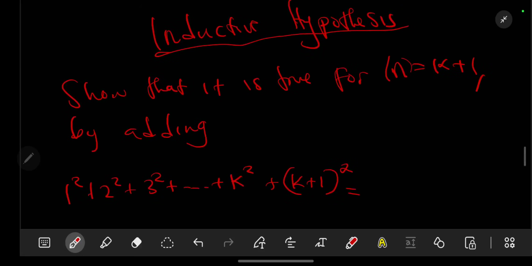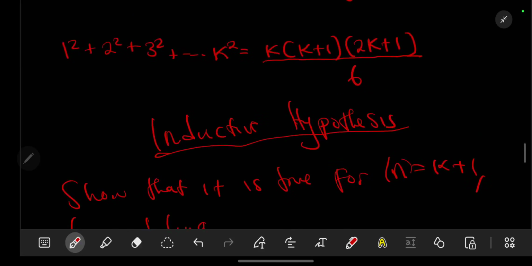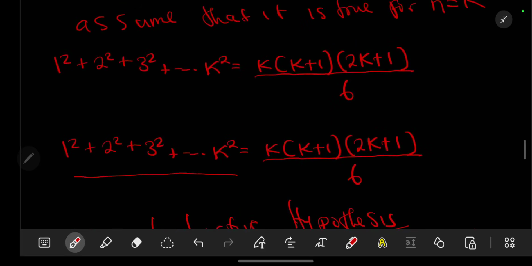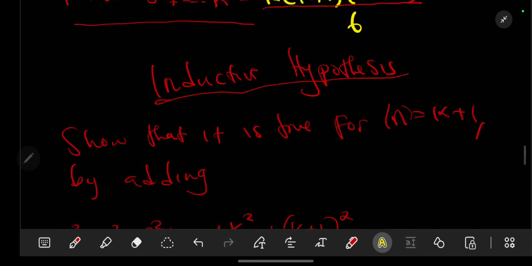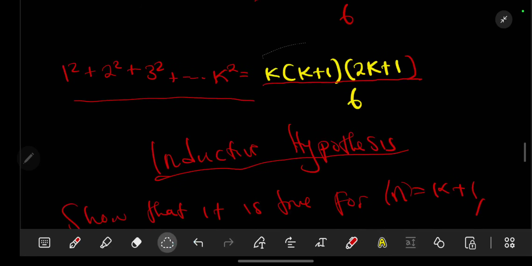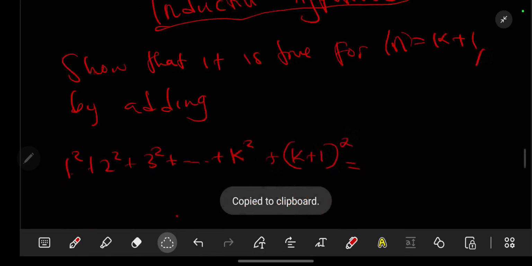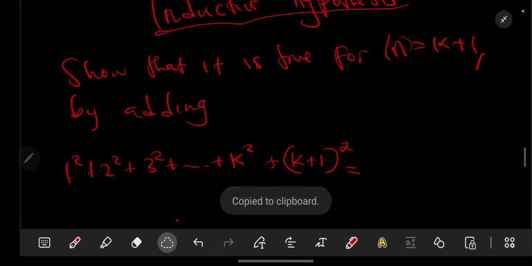So this should be equal to, as you can see, 1 squared plus 2 squared plus 3 squared plus dots plus k squared is here, which is equal to, they are telling you that it's exactly the same as this one. So we write this, let me just lift it. After you write this, you are going to put it this side.